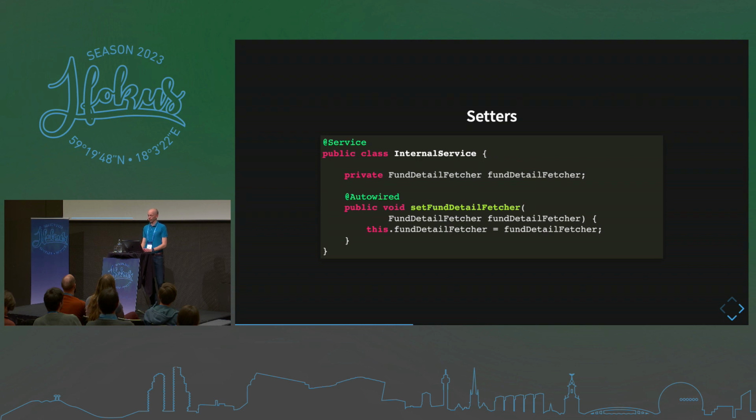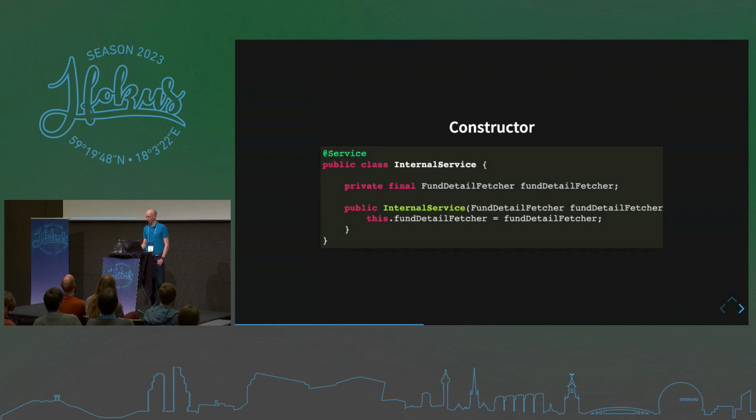This works as well. What we ended up using is the 3rd way, which is the constructor. I really like this way, primarily because you can actually mark your interfaces as final. It's always good to know that it's not possible at runtime to change the implementation if you're not sure you really want it to be able to be changed.